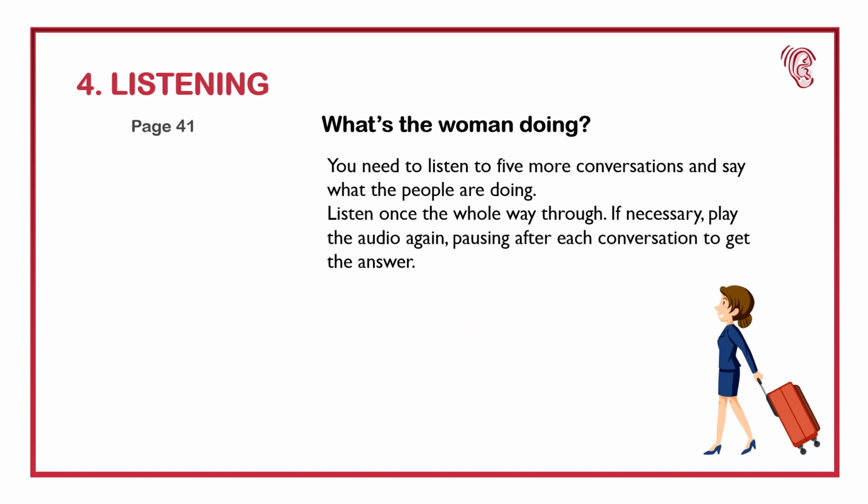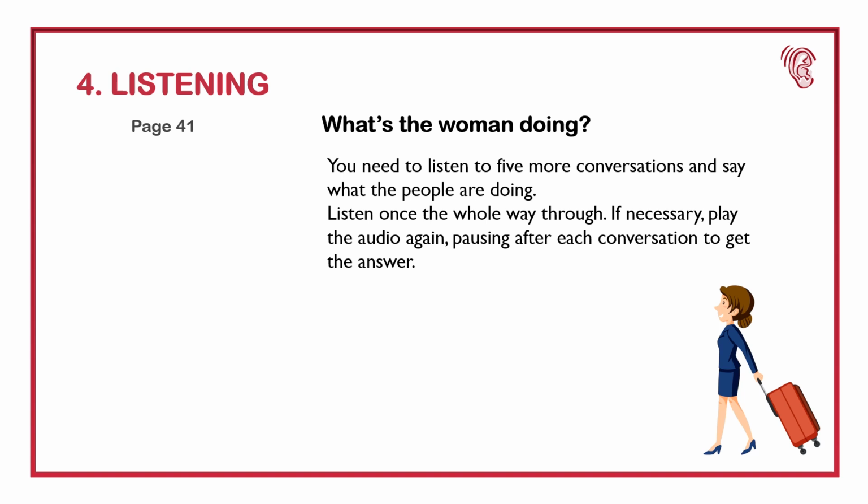Now we're gonna do kind of the same activity for the next part, track 5.16. And this time you're gonna listen to 5 more conversations and say what the people are doing. Listen once the whole way through. It means listen from the beginning to the end.